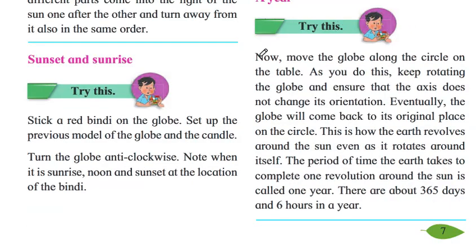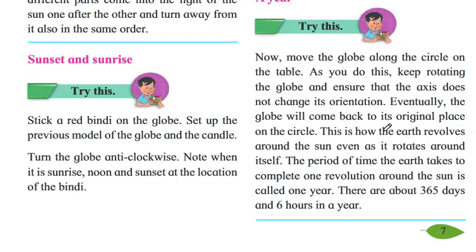Try this. Now move the globe along the circle on the table. As you do this, keep rotating the globe and ensure that the axis does not change its orientation. Eventually, the globe will come back to its original place on the circle.